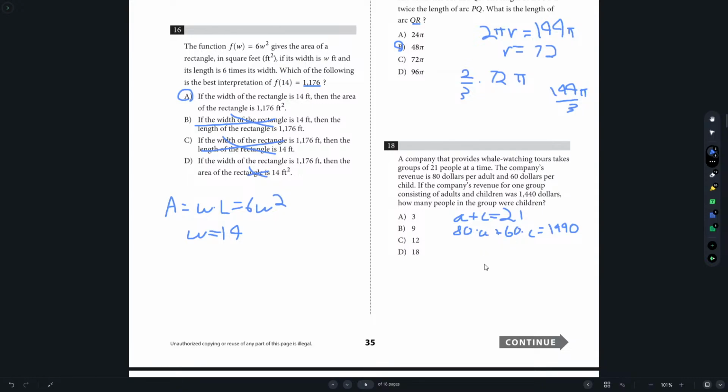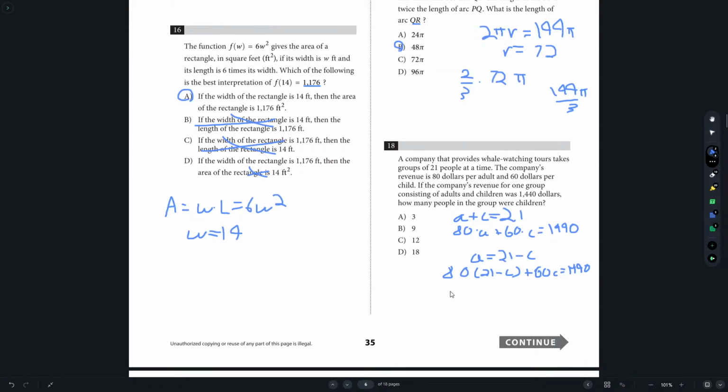Now we just have to solve the system of equations. Let's say the adults are equal to 21 minus the children. So we have 80 times 21 minus C plus 60C is equal to 1,440.